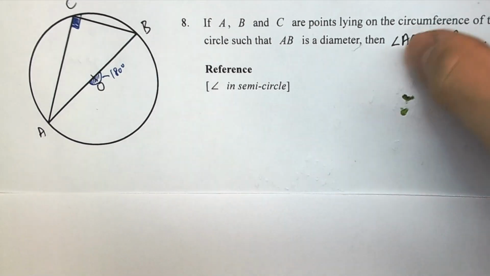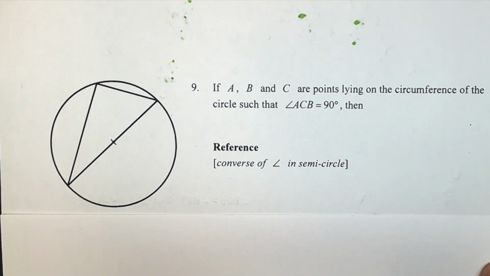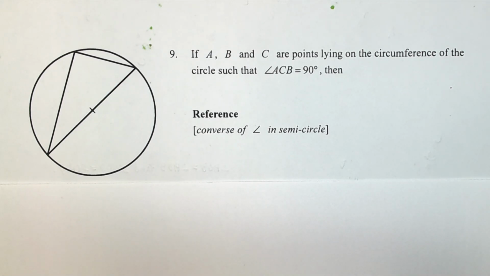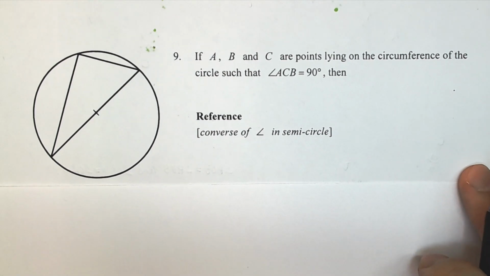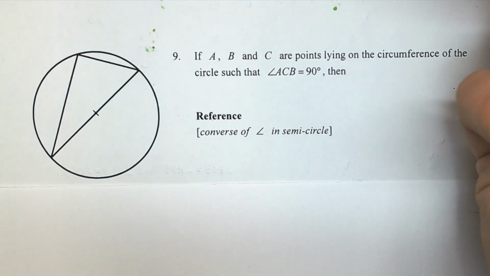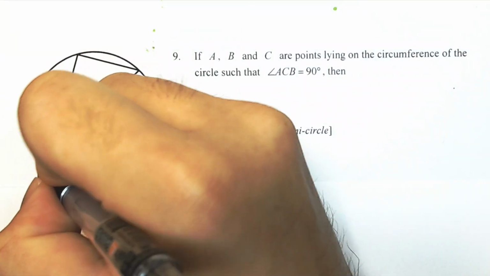Now number 4. Because you know that the angle at center is twice the angle at the circumference, there is a special case when the line joining the 2 points is a diameter.